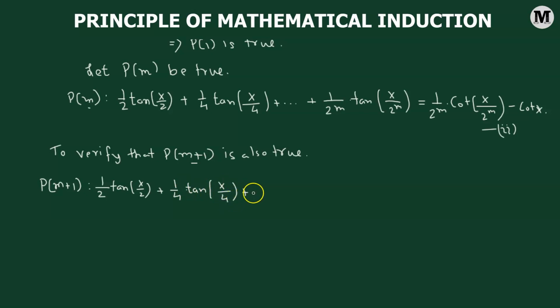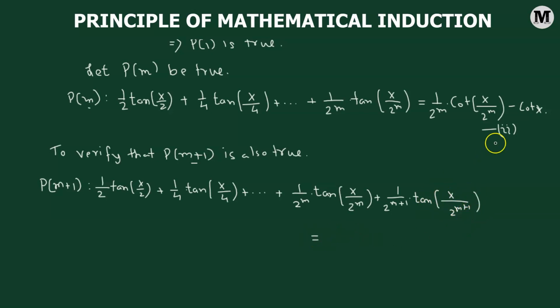This goes all the way up to the second last term, which will be given by 1 over 2 raised to the power of m multiplied to tangent of x over 2 raised to the power of m. Now this is the second last term. To get the last term, we'll have to replace m with m plus 1. So we get 1 over 2 raised to the power of m plus 1 multiplied to tangent of x divided by 2 raised to the power of m plus 1.